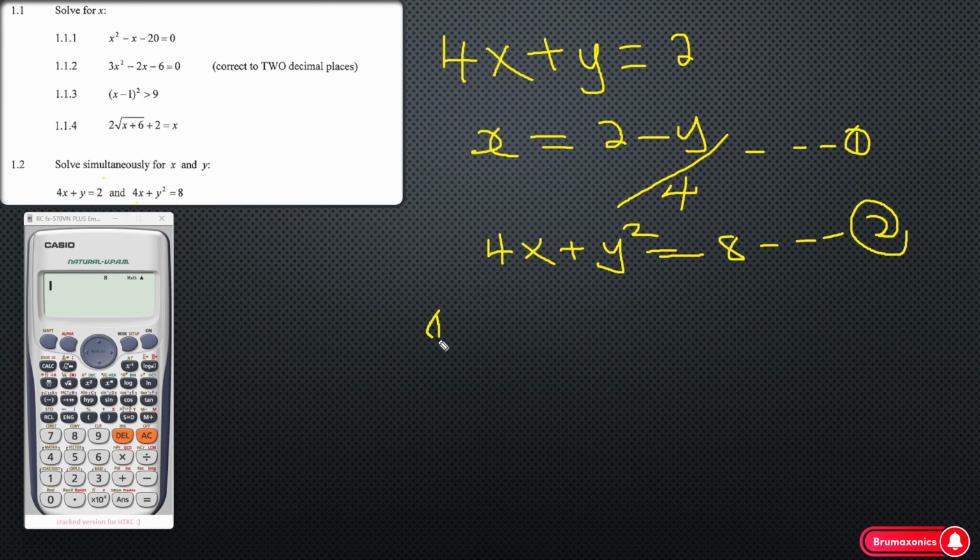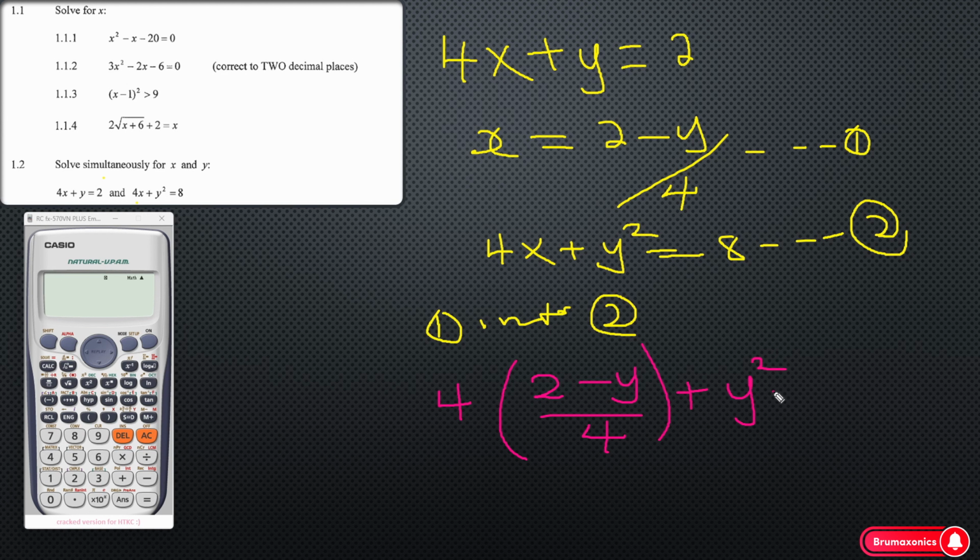So let's substitute equation 1 into equation 2. It means that we're going to have 4 times (2 - y)/4, since we know that our x is (2 - y) all over 4, right? Then plus y squared, and take the 8 to the other side, this will be negative 8 equal to 0. This 4 will cancel this 4, which is very helpful, and we'll be left with 2 - y + y² - 8, right?